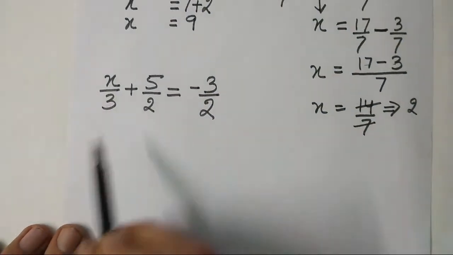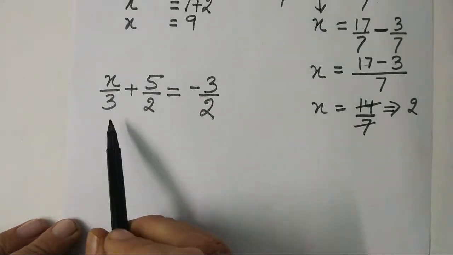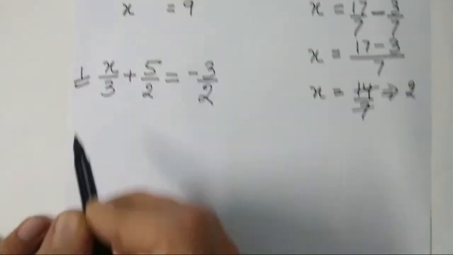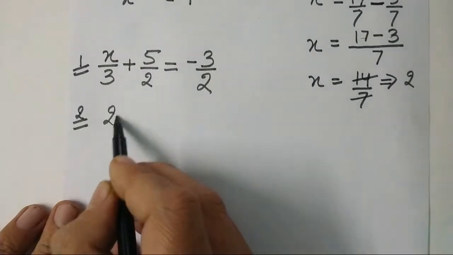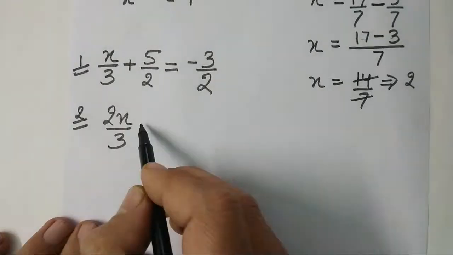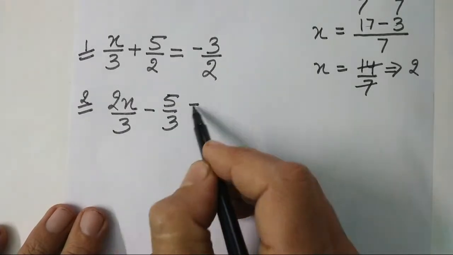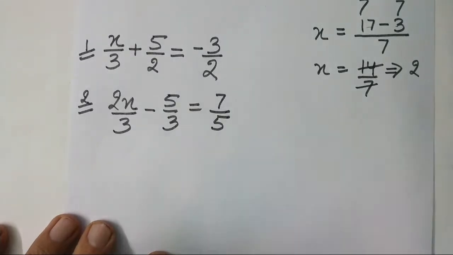Now this question is in fraction form. This can be solved in different ways. Let's take question 1. Let's take question number 2: 2x upon 3 minus 5 upon 3 is equal to 7 upon 5.